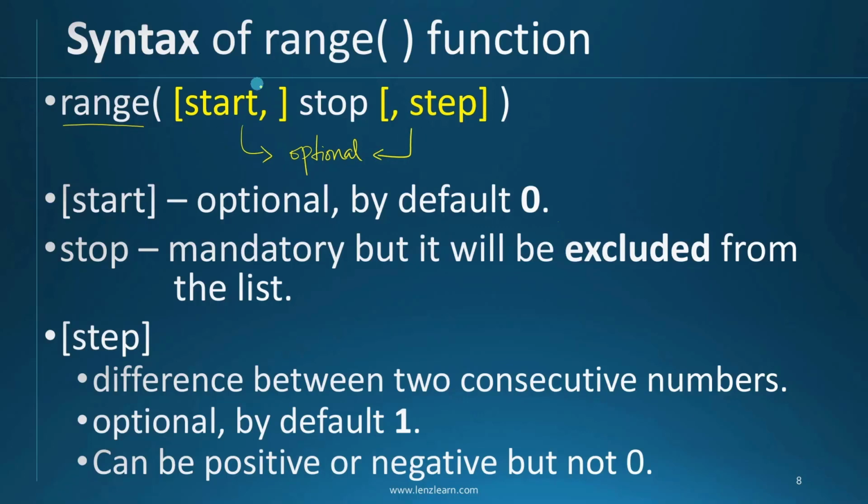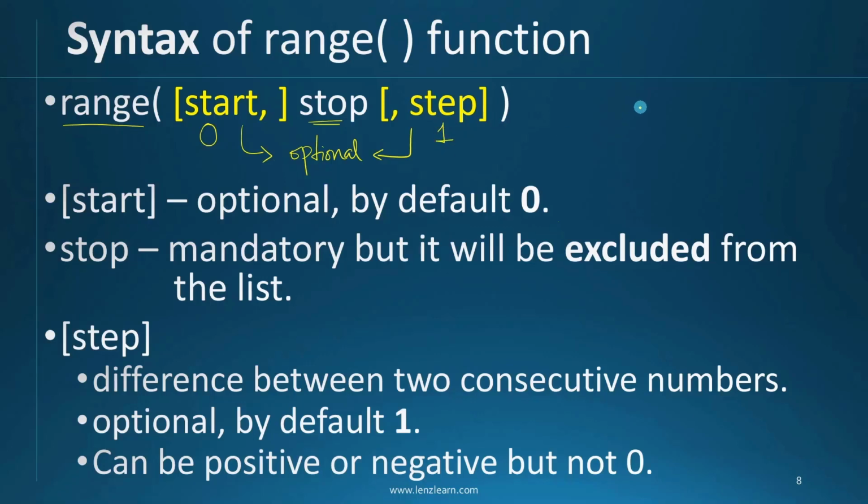So you can either provide a value over there or you don't have to provide a value. But stop value is mandatory, which means you have to give a stop value so that the range function can work. Okay. Now, if you don't provide a start value, range function will assume a default value of 0 to start. If you don't provide a value for step, range function will take the default value as 1.